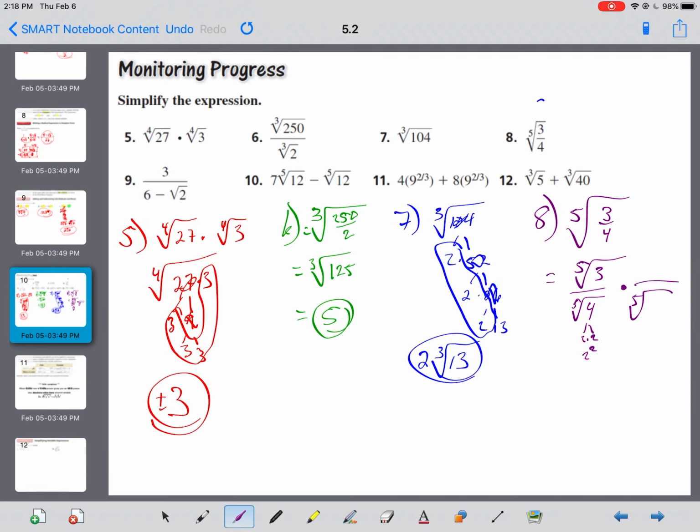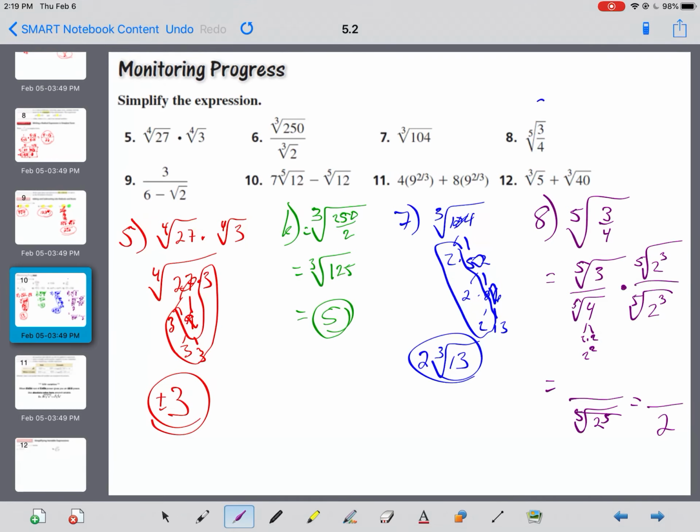2, so technically that's 2 squared. I've got 2 2s. I need 3 more. 2 to the third. Fifth root, don't forget. 2 to the third and 2 squared makes the fifth root of 2 to the fifth. Those are going to cancel out, leaves me with a 2.